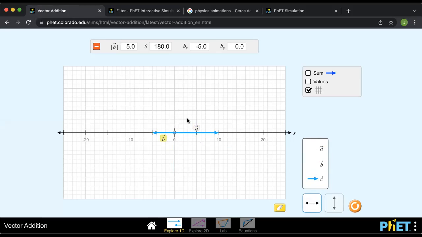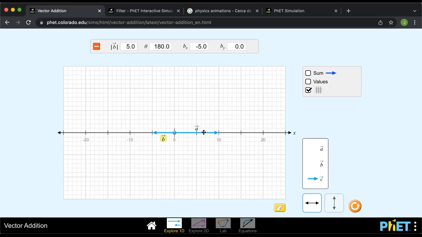For example, B will point to the x negative, and A will be pointing to the x positive.